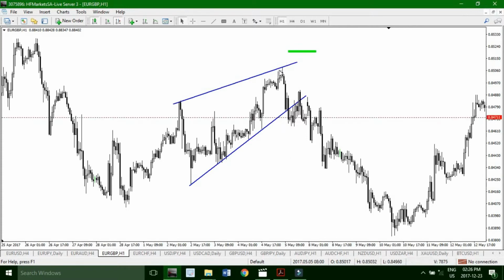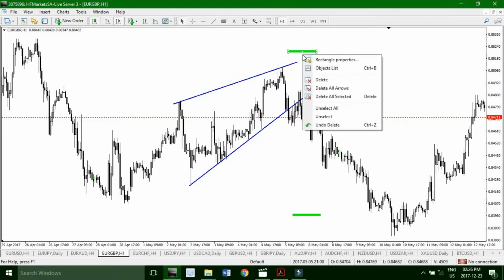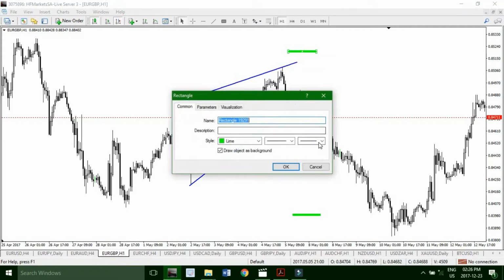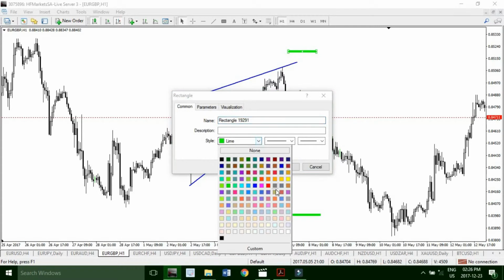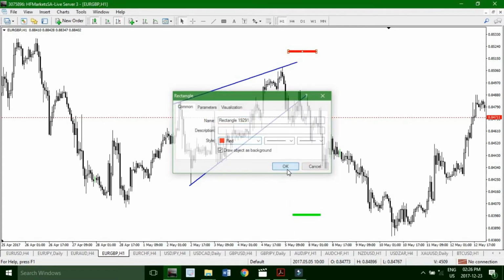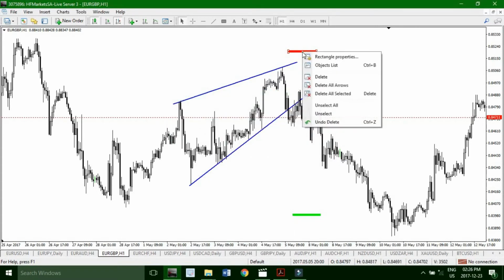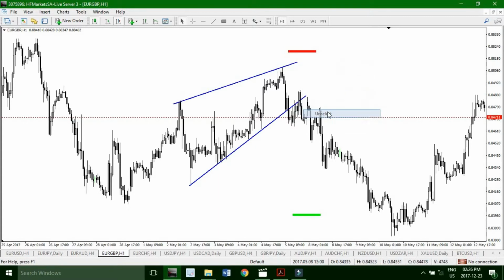So this level, yeah, my target would be exactly around this level here, and change that to red since it's our stop loss. So yeah guys, that's it, and that's how you trade the rising wedges.